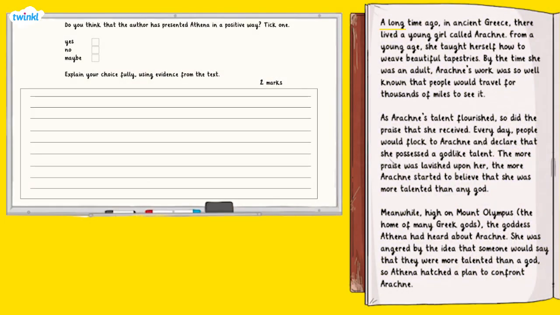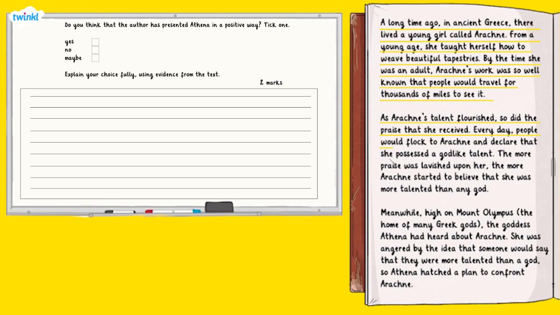We're going to be looking at an extract from the Greek myth, The Story of Arachne. A long time ago in ancient Greece, there lived a young girl called Arachne. From a young age, she taught herself how to weave beautiful tapestries. By the time she was an adult, Arachne's work was so well known that people would travel for thousands of miles to see it. As Arachne's talent flourished, so did the praise that she received.